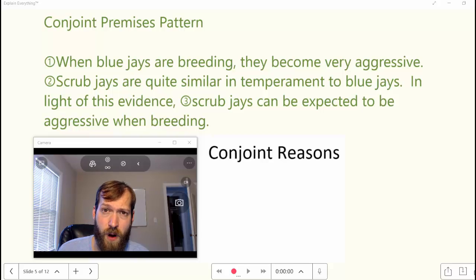It just wouldn't follow if you were to remove one of those premises in question. So let's look at this argument to get a sense of what I mean by that.